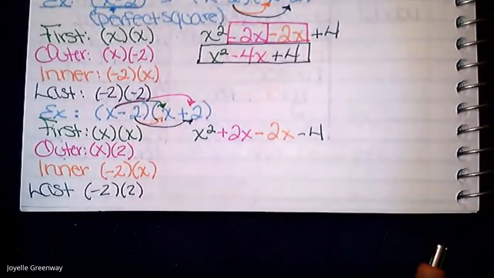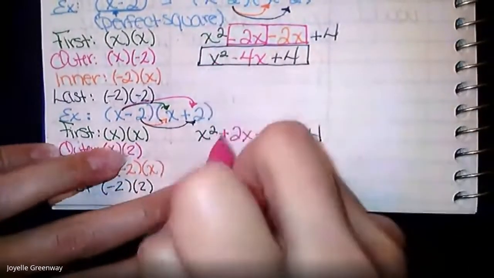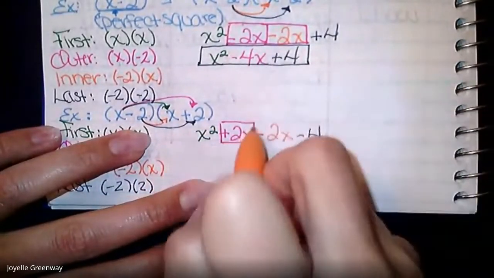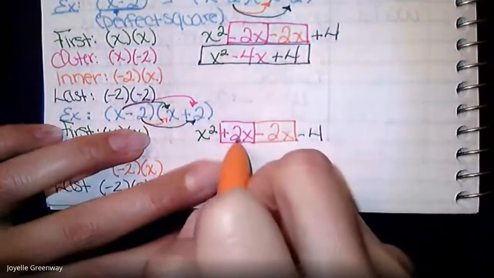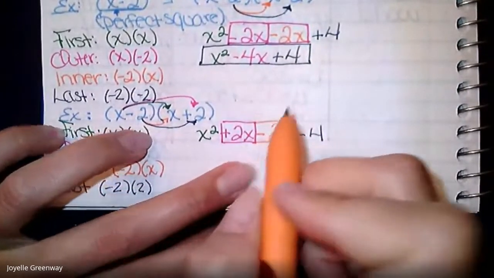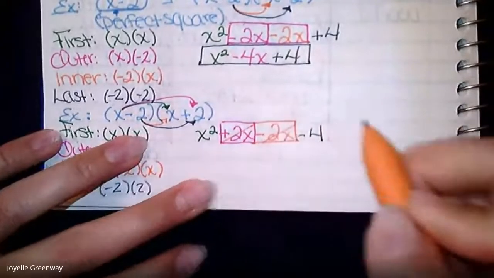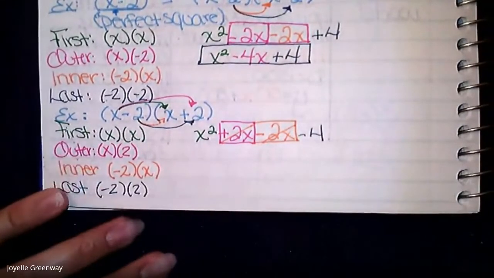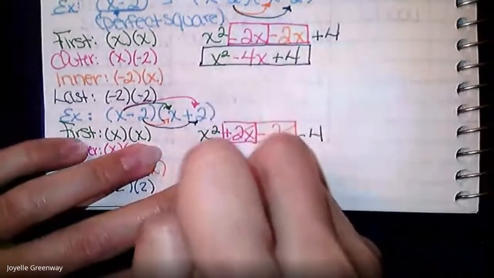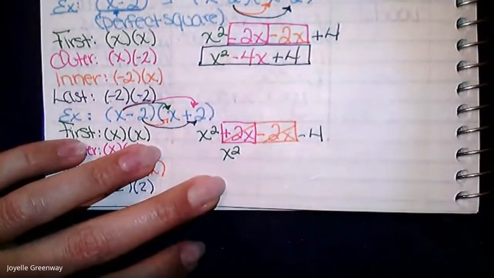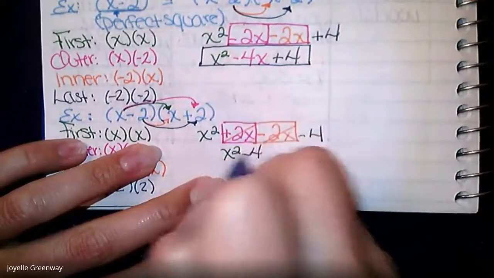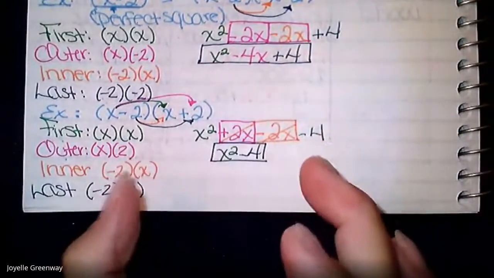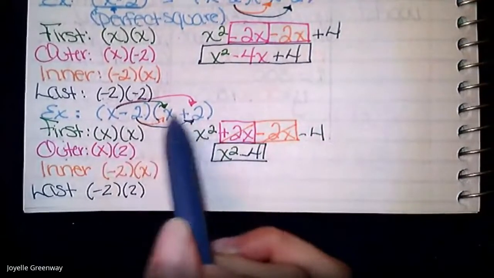Then when you combine your like terms, the positive 2x and the negative 2x are going to cancel out. So you have no x terms. So you would have x squared minus 4. That's an instance where these are opposites, right?